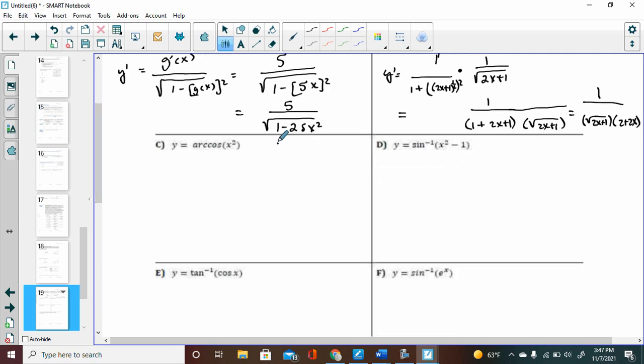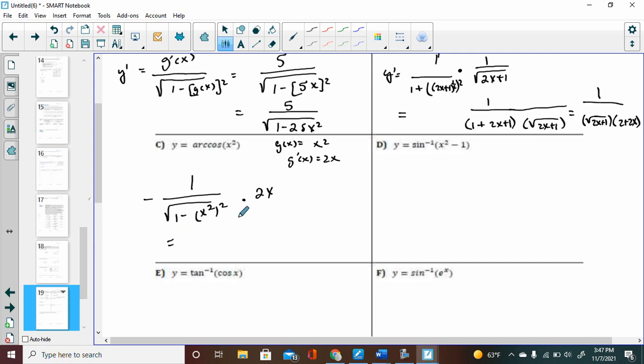Let's look at the next number. So g of x is pretty easy here. This equals x squared. G prime of x equals 2x. And I'm going to write it out to the side. So 2x out to the side times 1 over the square root of 1 minus x squared, and it's squared.